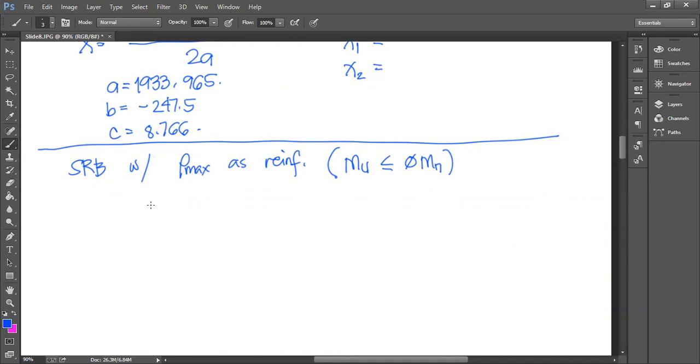So, since ang assumed condition natin is tension control yung beam natin, therefore, yung value ng phi is equal to 0.9 and yung raw maximum ulit is equal to 3 over 8 multiplied by 0.85 f prime c beta 1 all over Fy.